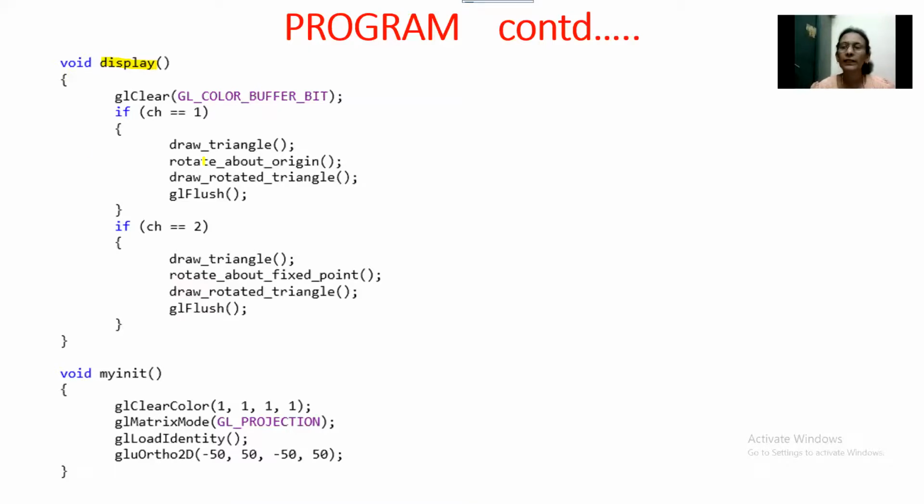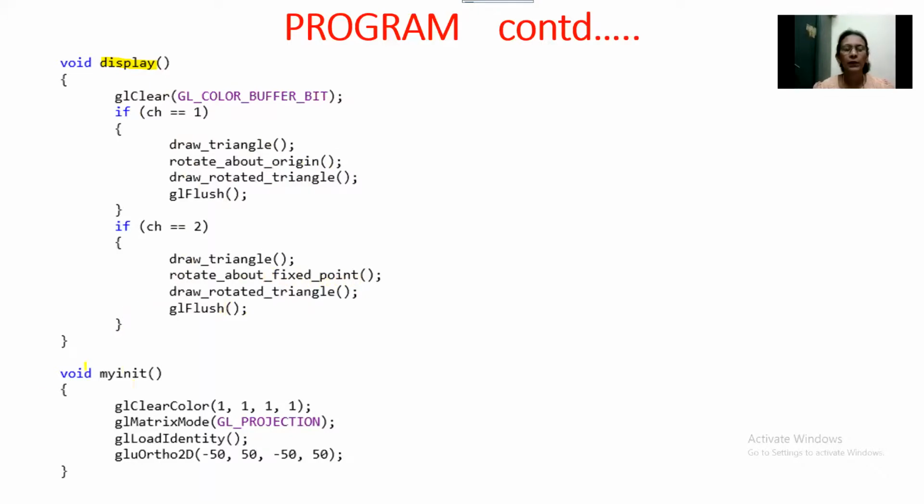This is the one that will be drawing our figure on the screen. glClear, GL_COLOR_BUFFER_BIT clears the color buffer. If the choice is 1, that is rotate about origin, then we draw the original triangle, we rotate it about the origin, and we draw the rotated triangle. If the choice is 2, we draw the triangle, we rotate about the fixed point by calling this function, and then draw the rotated triangle. glFlush.